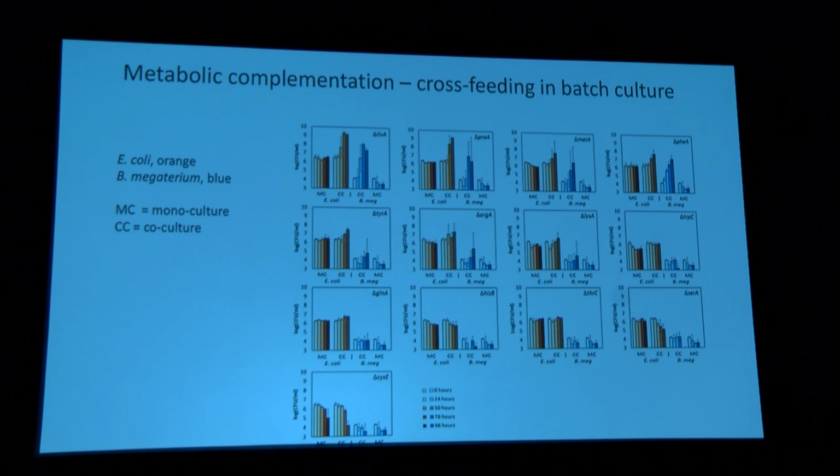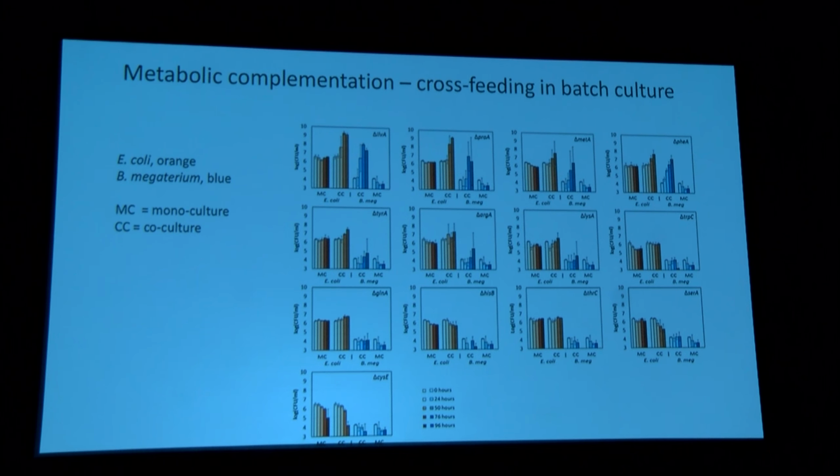Then we have the Bacillus growth in co-culture here, and on the outside, we have the Bacillus monoculture. In this top four across, you can see that the E. coli in monoculture and the Bacillus in monoculture don't grow, or with the Bacillus, you actually see a decline in cell mass, or viable cells, over that time. Whereas the co-cultures actually grow quite nicely. So we are seeing that metabolic complementation we hoped to see for our biomass production.